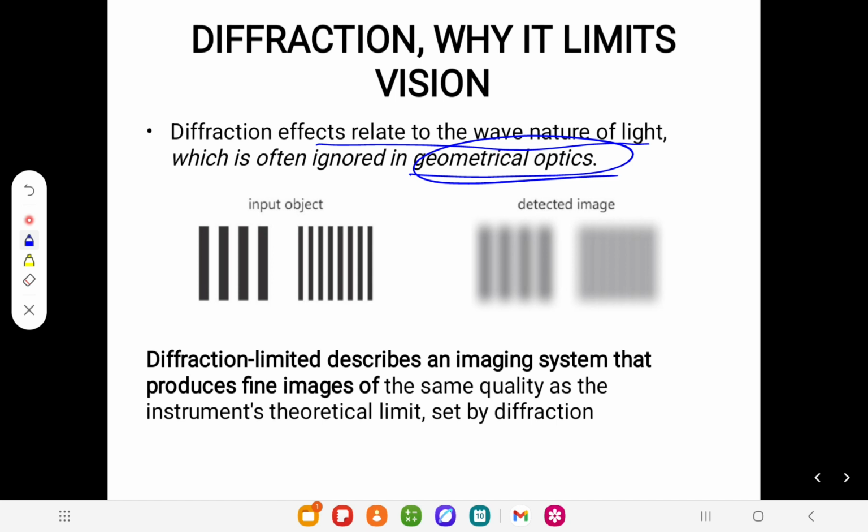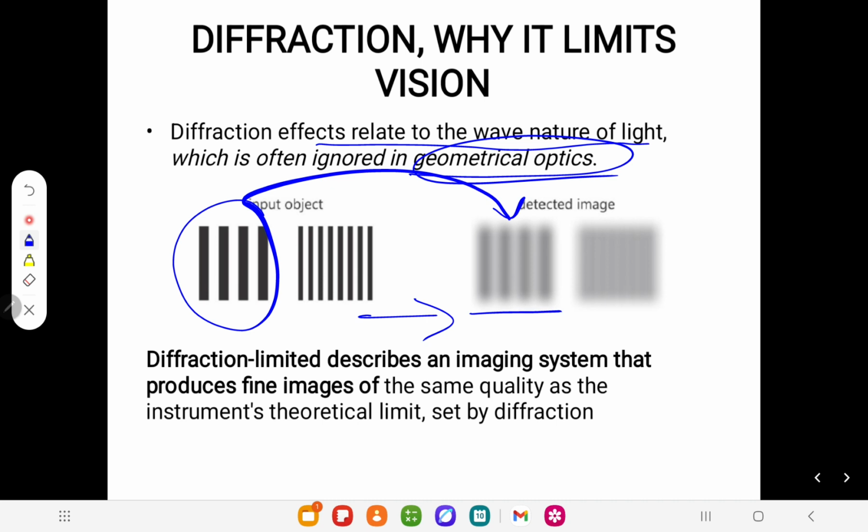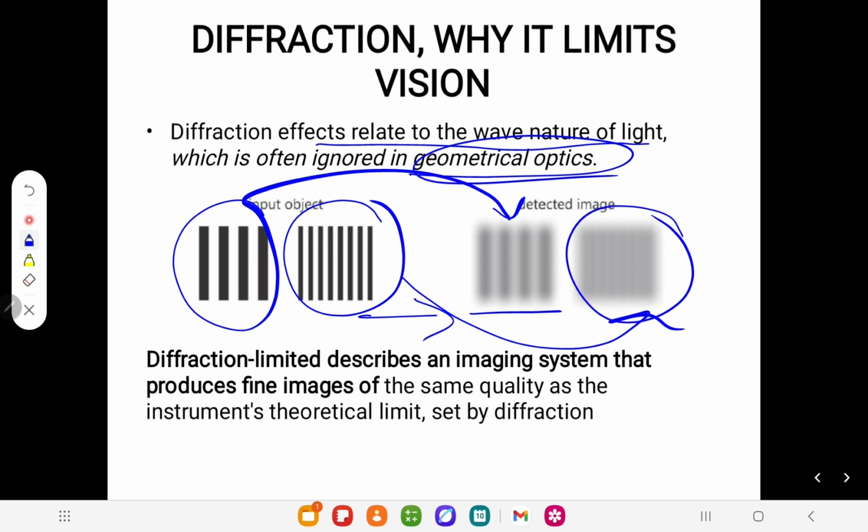Here we can detect at least four bars, but in this case can we detect it? No, because it looks like a chunk, and it's very difficult to detect exactly how many bars are there. That is resolution.